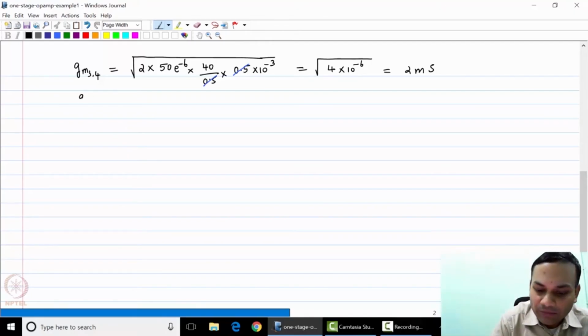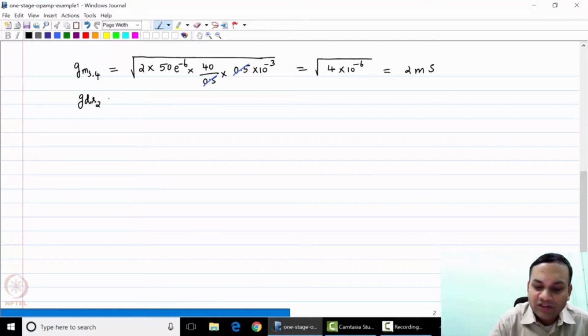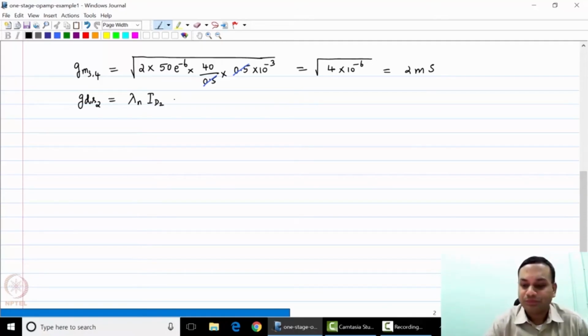Now let us calculate the output conductance of the devices. GDS2 is lambda n ID2.